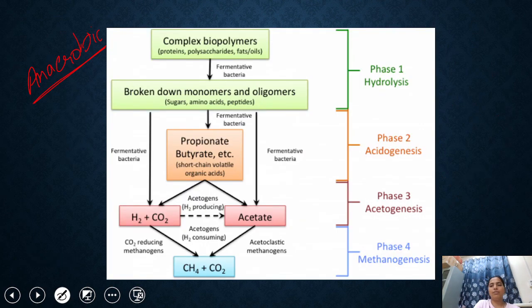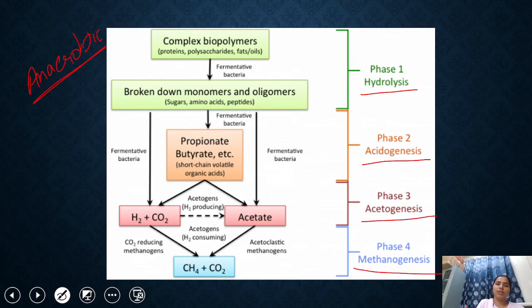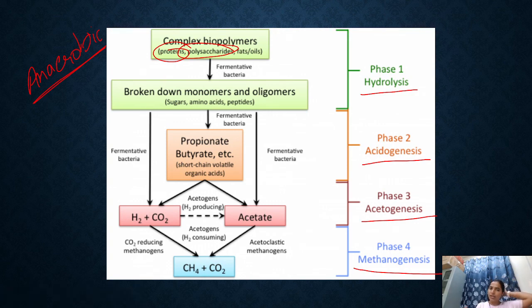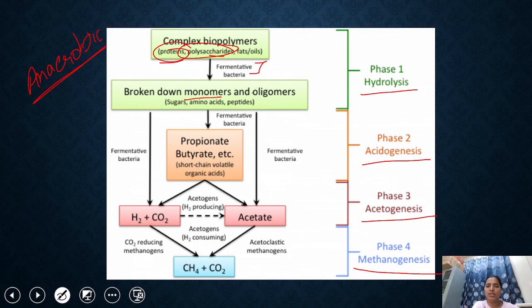These are the four steps of anaerobic digestion. First one is hydrolysis, second is acidogenesis, third is acetogenesis, and fourth one is methanogenesis. What happens when you have complex biopolymers, like proteins or polysaccharides? With the help of the bacteria or microorganism that you are using, it will break down the protein or polysaccharides into smaller monomers and oligomers.